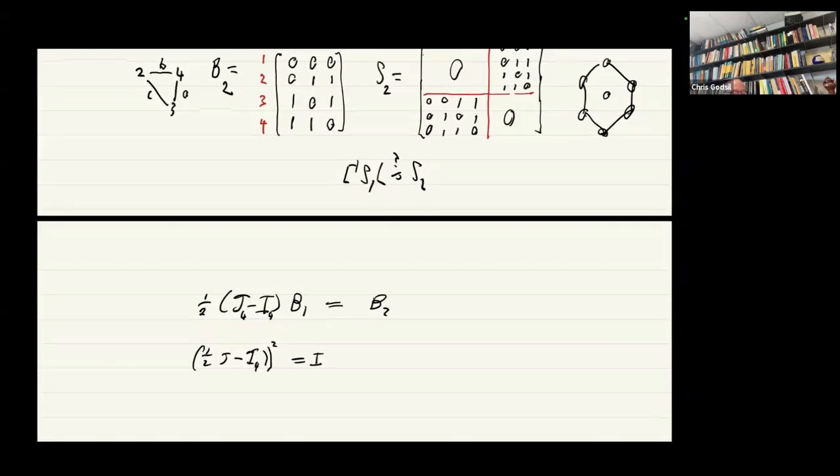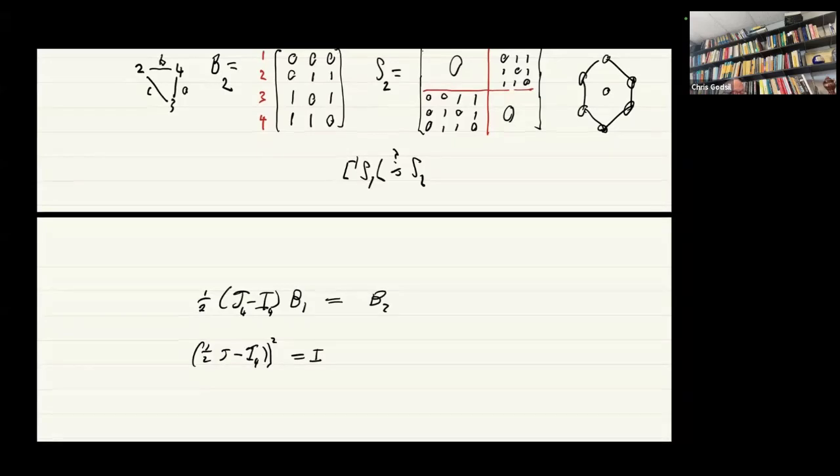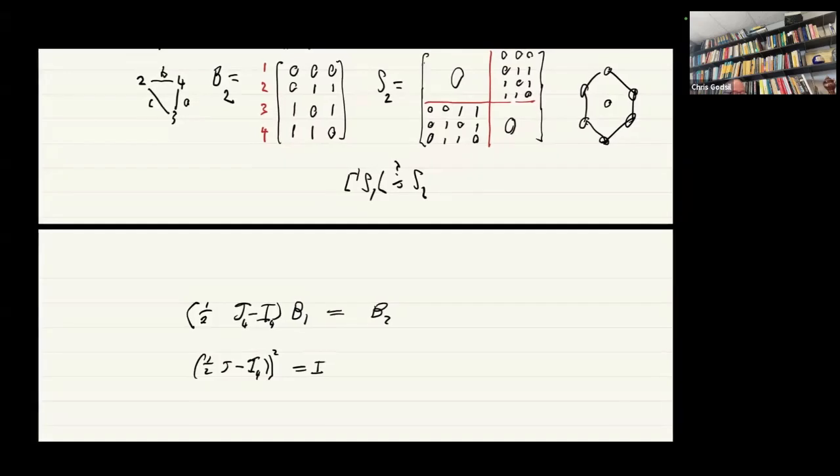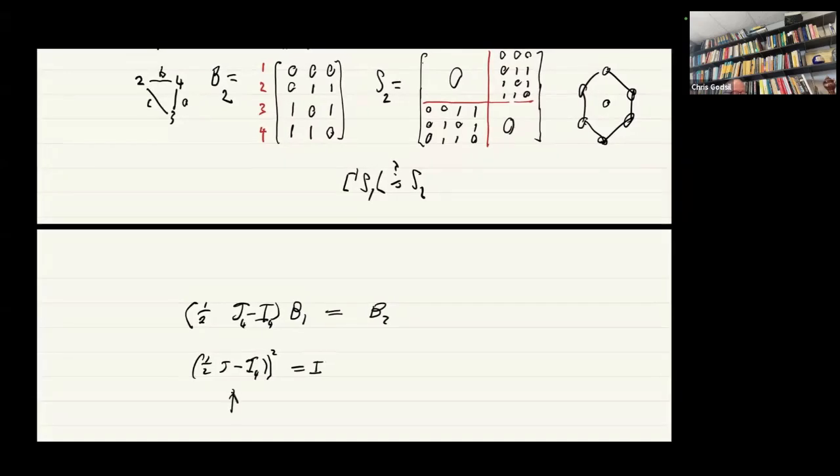Now, J4 has eigenvalues 4 and 0. So half of J4 has eigenvalues 2 and 0, and half of J4 minus I4 has eigenvalues 1 and minus 1.